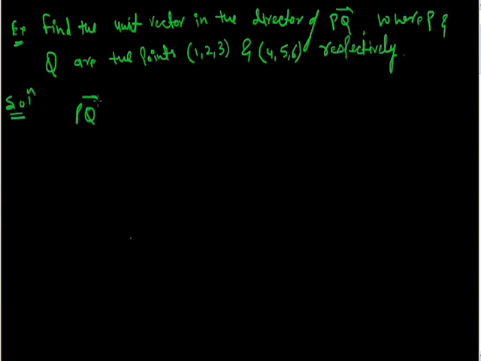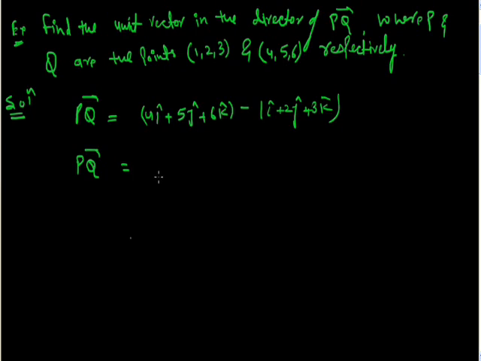Solution: the PQ vector is the position vector of Q minus the position vector of P. So 4i cap plus 5j cap plus 6k cap minus (i cap plus 2j cap plus 3k cap). By solving this, I get 3i cap plus 3j cap plus 3k cap.